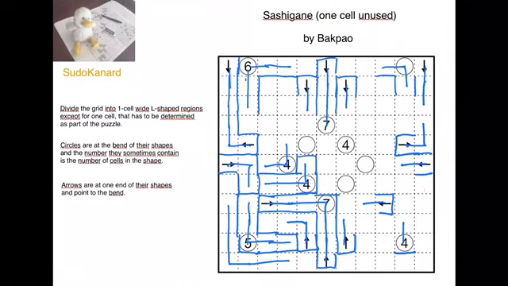And there remains ambiguity as to whether this cell is used or not. Let's go back to this 4. We complete it this way. This now has to take this cell and this cell. It stops here, but we don't know about this. Not yet, at least. This 7 now goes this way.